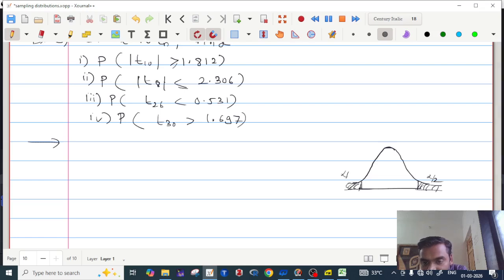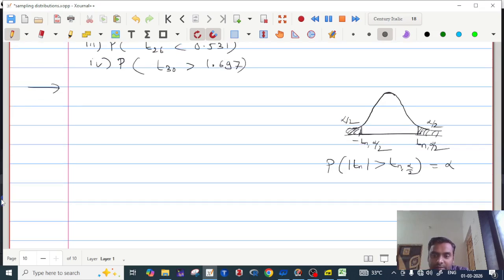This point is t n comma alpha by 2, and this point is minus t n comma alpha by 2. The probability of mod of tn greater than t n comma alpha by 2 is equal to alpha.